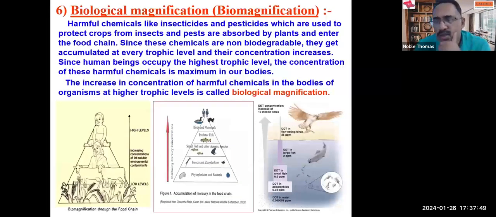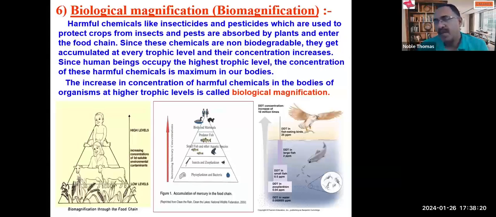Two more terminologies associated with this chapter, which are very often asked in the exam, are biological magnification or biomagnification. This happens mainly because the non-biodegradable materials keep on accumulating in the body of one organism, and then that organism is consumed by another organism as food. Then these non-biodegradable materials enter into the second trophic level.